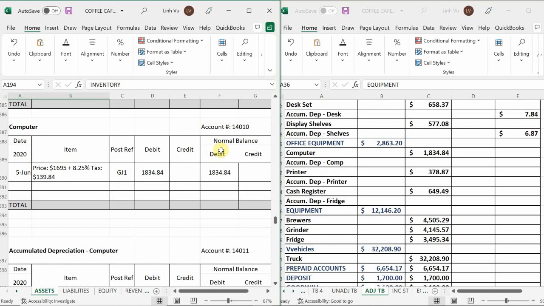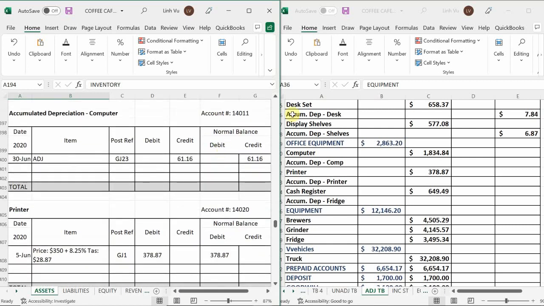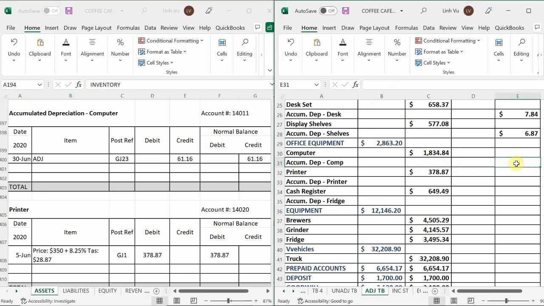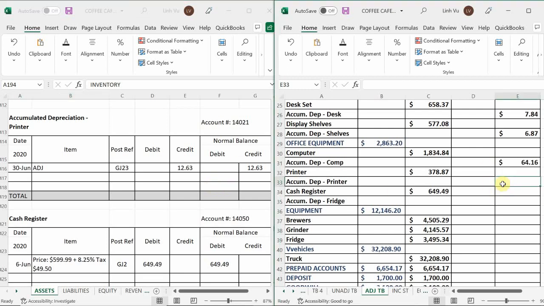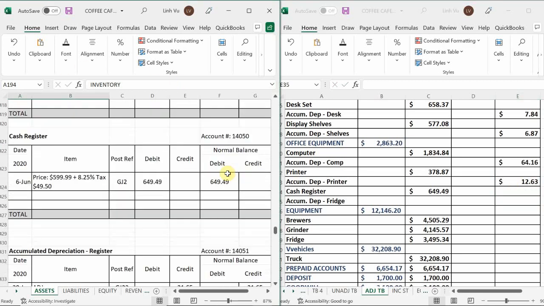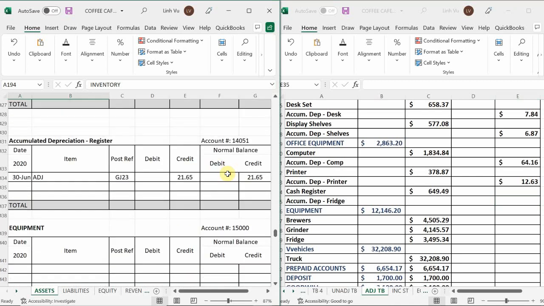So I still have my computer at $1,834.84, but my accumulated depreciation for that is $61.16. For my printer, it is $12.63. And my refrigerator is at $21.65.